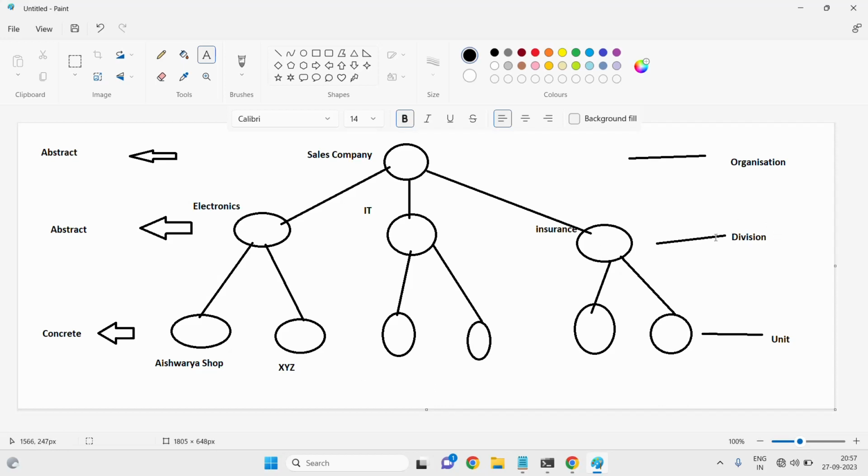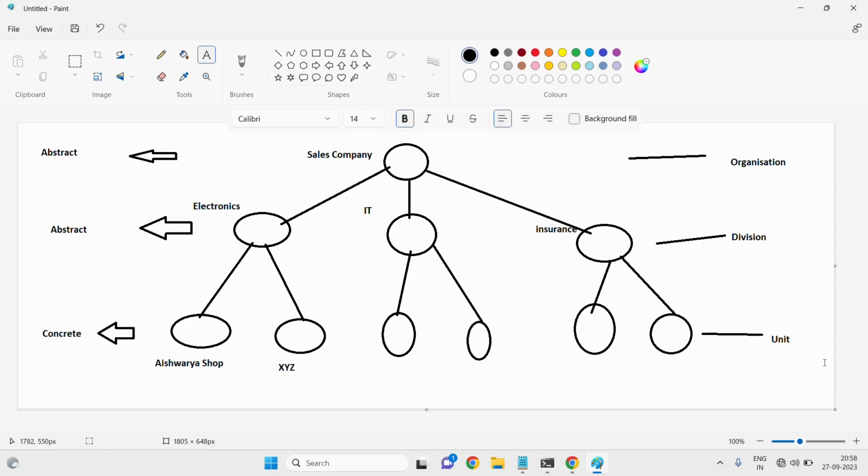What the division level and organization level will do is support this unit level. Remember, all the business-level transactions, like buying a laptop, repairing a laptop, and all these basic things, should be started at the unit level. Whereas the organization level and division level will be supporting or helping this unit level. Clear?